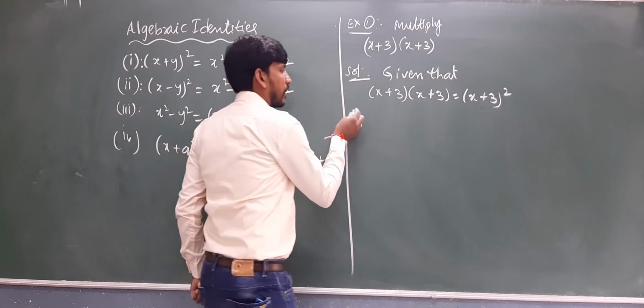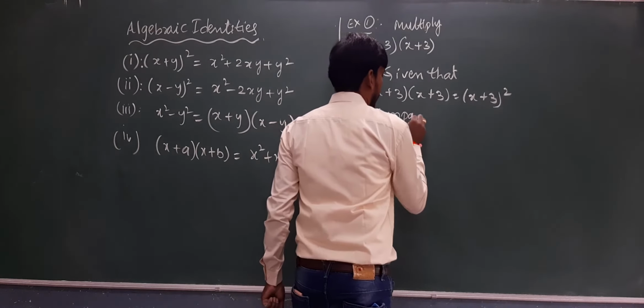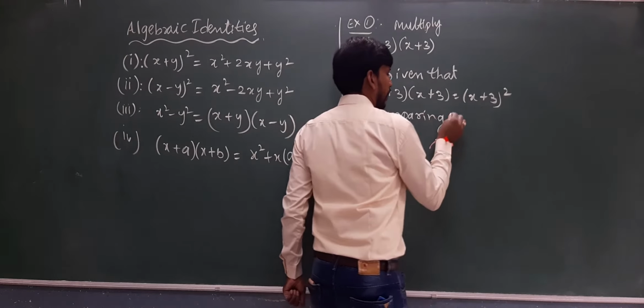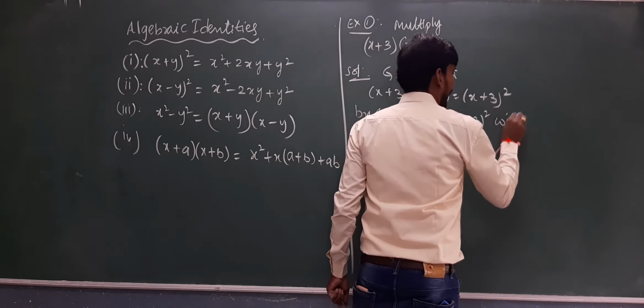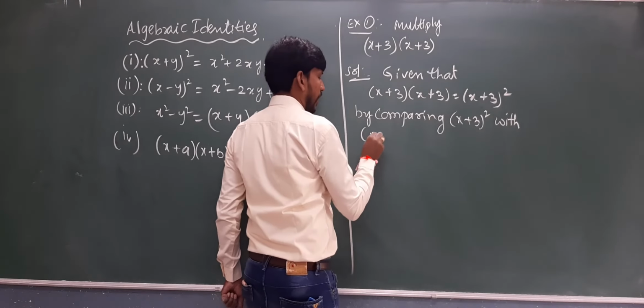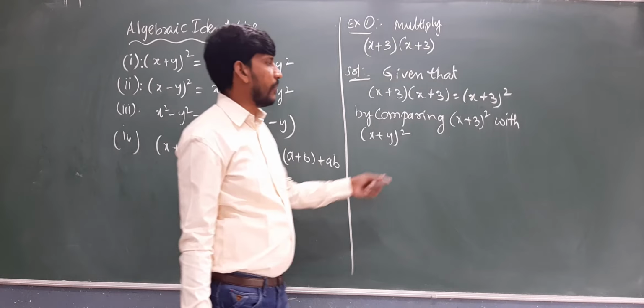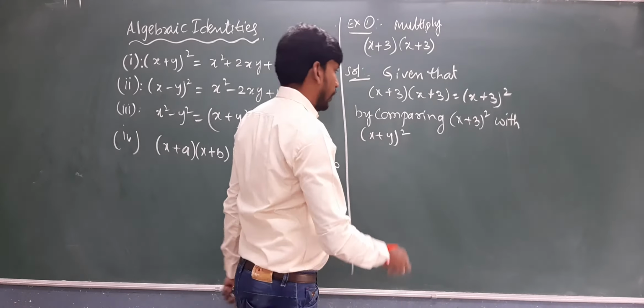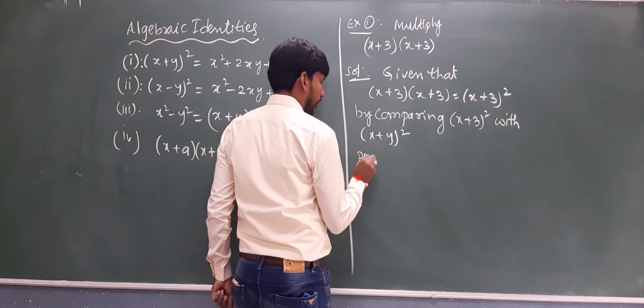Just by comparing x plus 3 whole square with x plus y whole square, in the place of y, what do we have? 3. So put y equal to 3.